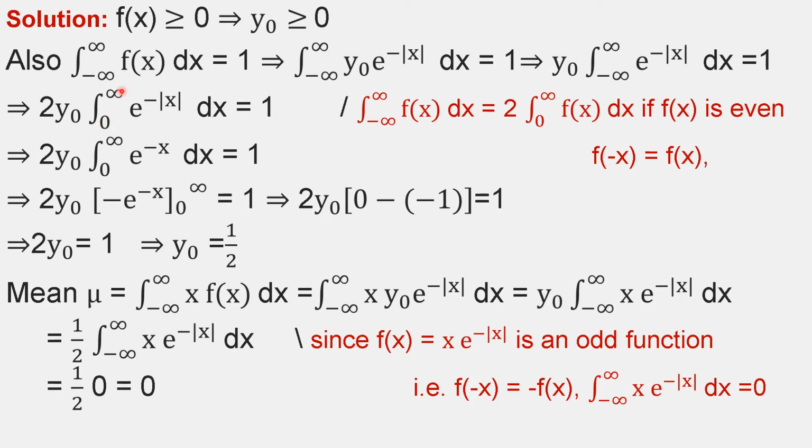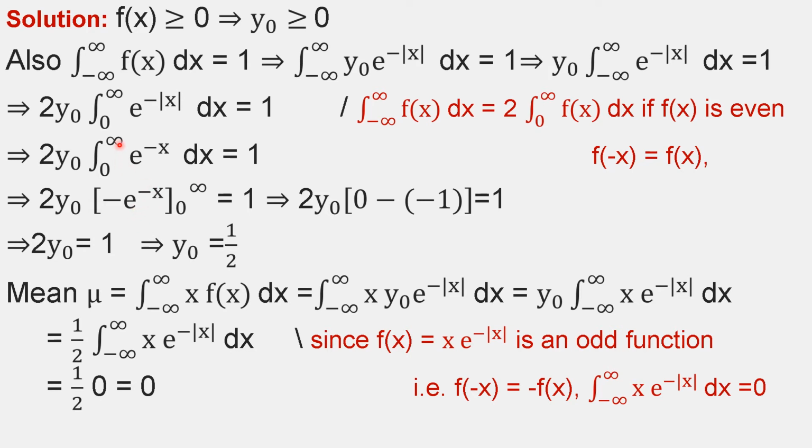Now integral 0 to infinity means all x values are non-negative. When x is non-negative, mod x will be equal to x itself. So it will be 2y naught into integral 0 to infinity e power minus x dx must be equal to 1. And integration of e power minus x is minus e power minus x.